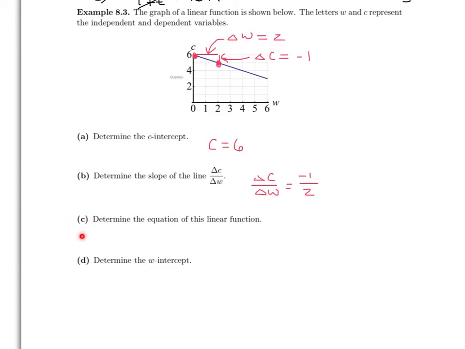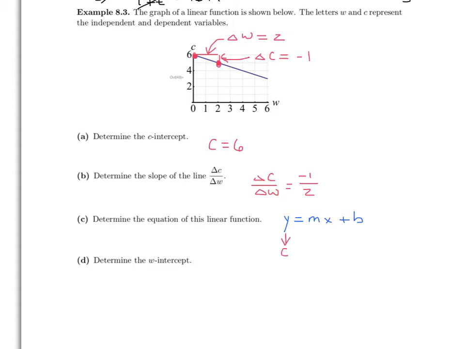Now let's look at part C. Determine the equation of this linear function. Well, because it's a linear function, it would have to have this basic form. Every linear function has this form. So for us, y, the output, is being played by the letter C in this case.